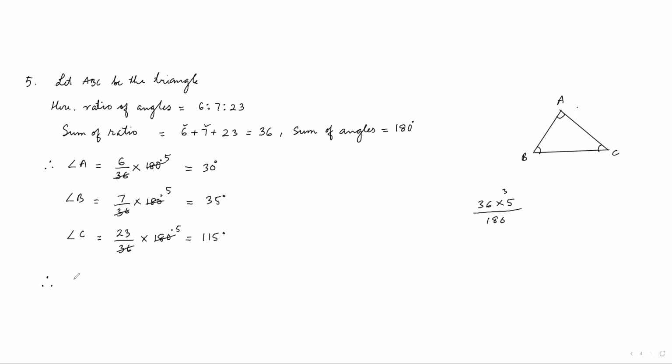Therefore, the angles of ABC are 30 degrees, 35 degrees, and 115 degrees. You have to remember the sum of all the angles of a triangle is always equal to 180 degrees.